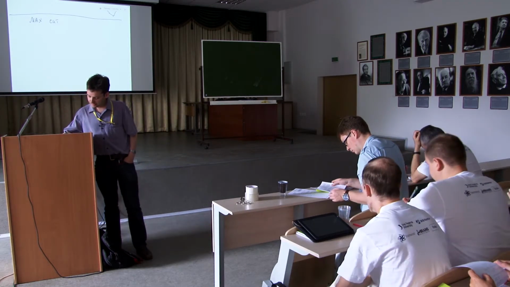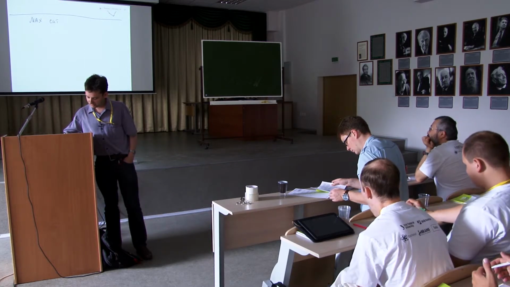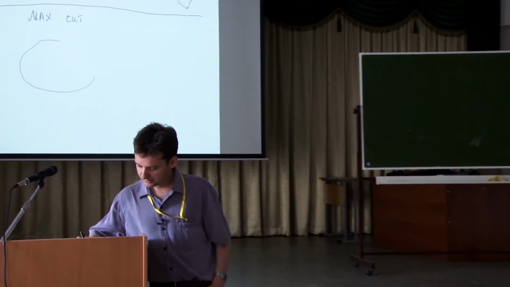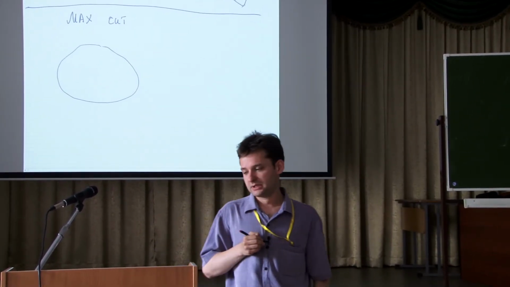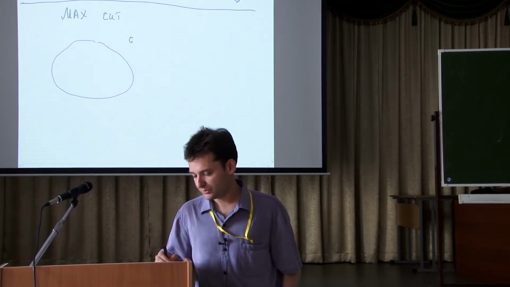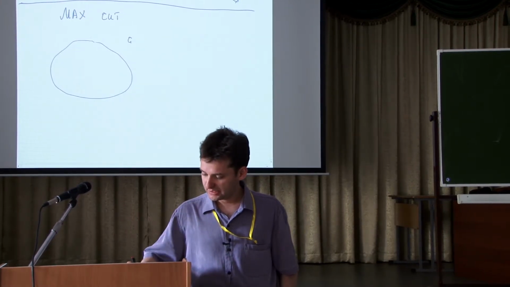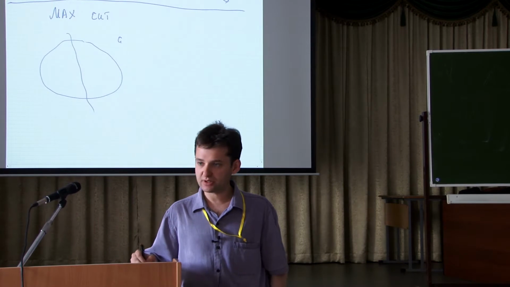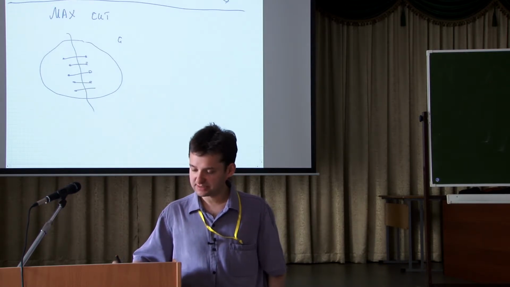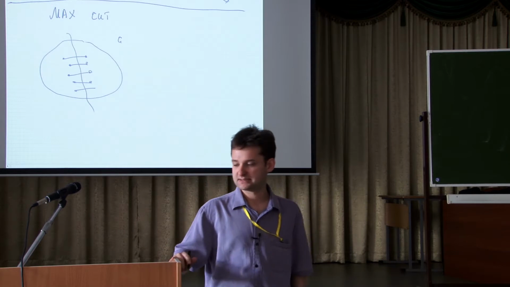So, the max cut problem is the following problem. We are given a graph G, and we would like to partition it again into pieces, but now our objective is very different from what we had before. Instead of minimizing the cut, we really want to maximize the cut.